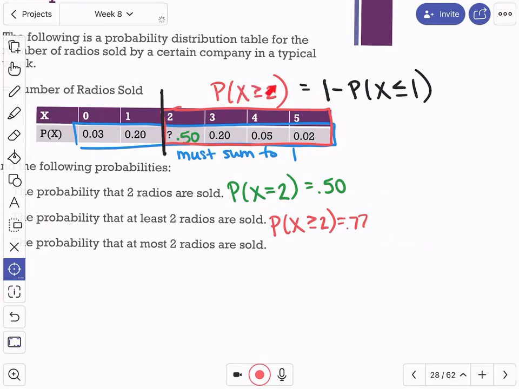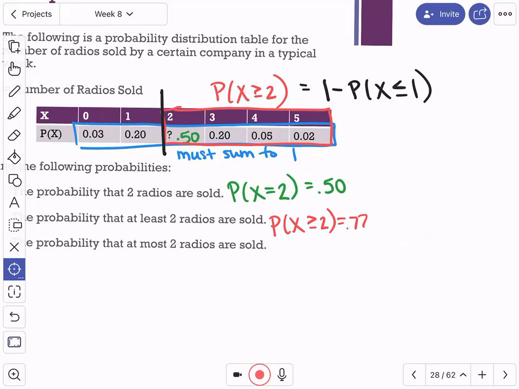If I want to find greater than or equal to 2, I can just subtract off everything to the left of 2. That'll give me everything from 2 to the right. So this greater than or equal to 2 actually means 1 minus the probability that x is less than or equal to what numbers to the left of 2? 0 and 1.